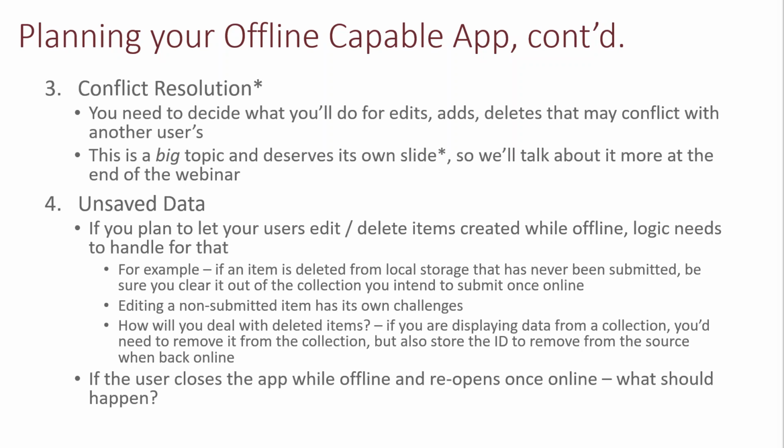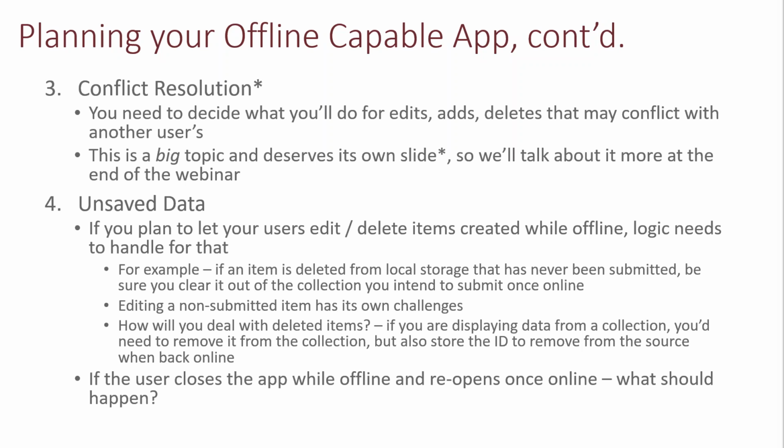Unsaved data. How are you going to deal with that? So when we look at the sample app, you're going to see that we're caching your unsaved edits, your unsaved adds. We're saving those locally on your device. And then when you connect, we're going to submit all that. So are you going to allow the user to create a new item and then edit that new item all before anything gets submitted?